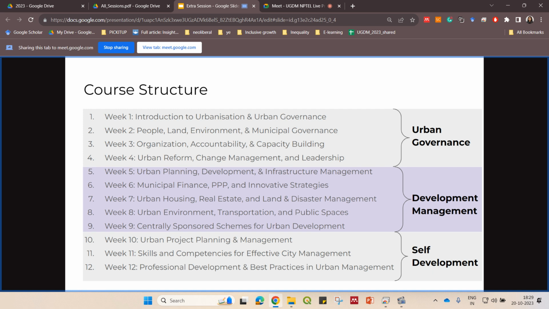So how the leadership in urban governance body or the managers in urban governance body can take charge of any kind of change management, and how can they contribute to team building or they take up team building in order to ensure more efficient provision of reforms and change in Indian urban scenarios.